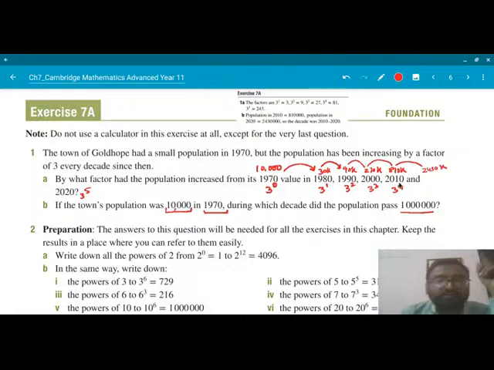So in 2010 to 2020 it crosses 1 million population. Till then it is 10,000, 30,000, 90,000, 270,000, 810,000, and after that it becomes 3 times, meaning 2,430,000. So there it crosses that 1 million population. Clear?